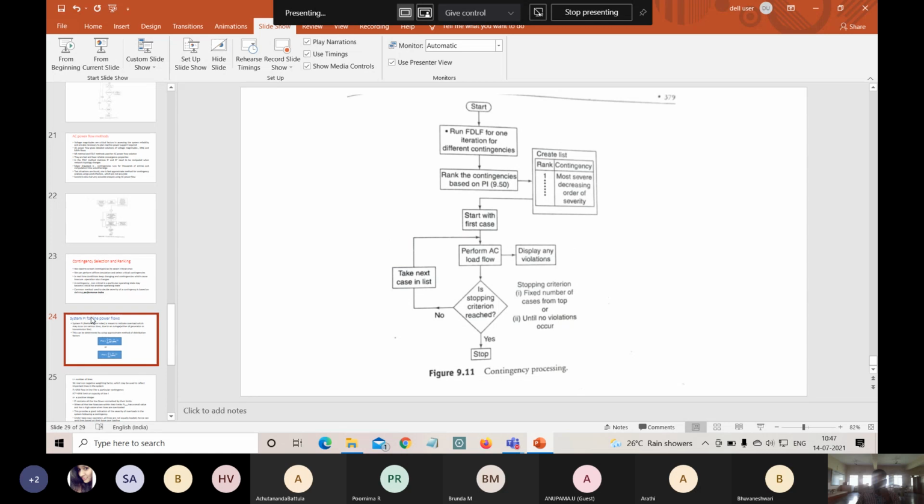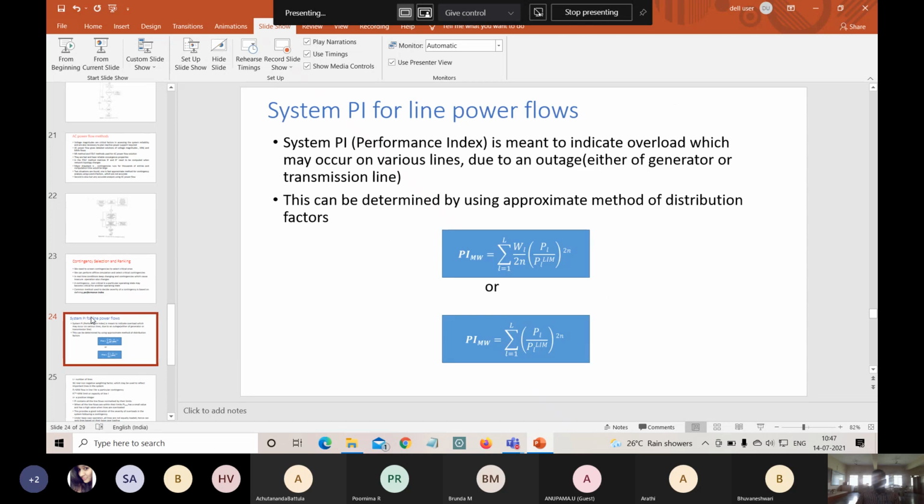First, we have 3 sets, and the first is the system PI for line power flows. The system performance index is meant to indicate the overload which may occur on various lines, for standard systems such as the IEEE 13 bus or IEEE 16 bus.